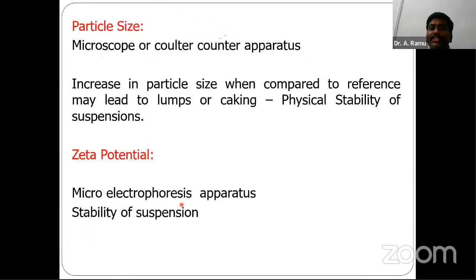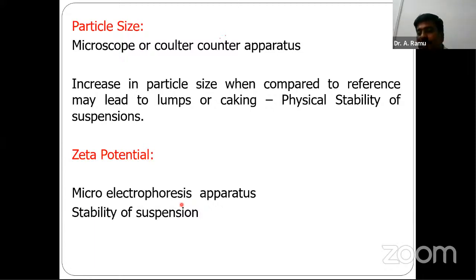And the next test is particle size. The simple method for the determination of particle size of the suspension is the microscopic method. Here, we take the microscope and fix the eyepiece micrometer in the eyepiece, and the stage micrometer has to be placed on the stage of the microscope.